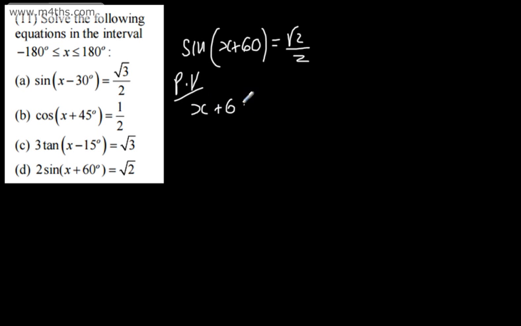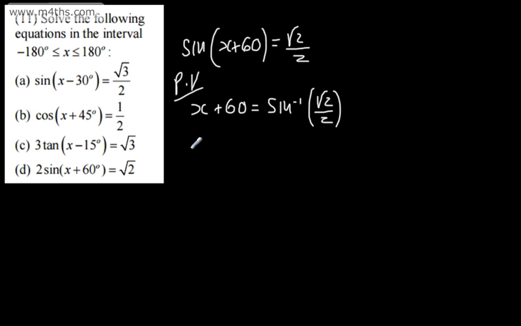Okay, let's have a look at this one. We've got 2 sine of x plus 60 is equal to root 2. So we can say now sine of x plus 60 degrees is equal to root 2 over 2. For the principal value, x plus 60 degrees is equal to the inverse sine of root 2 over 2.